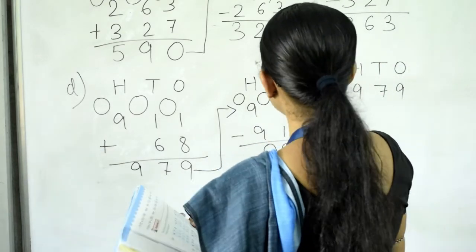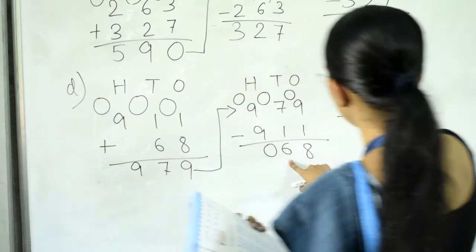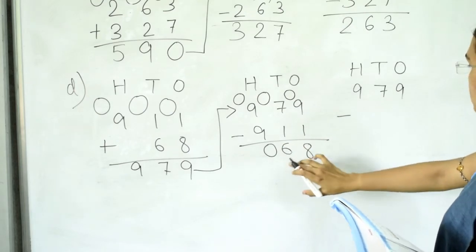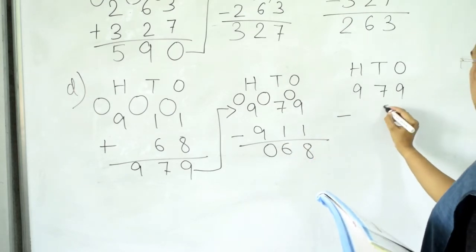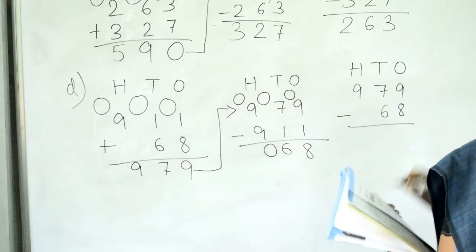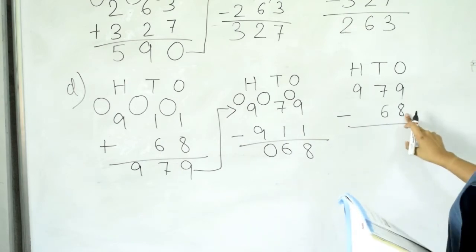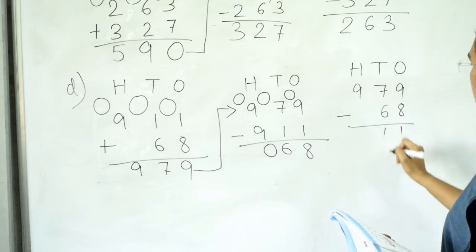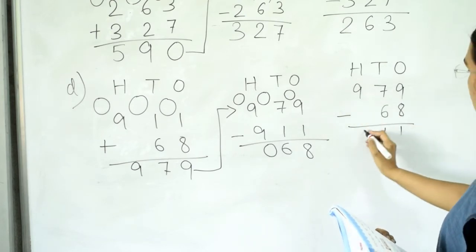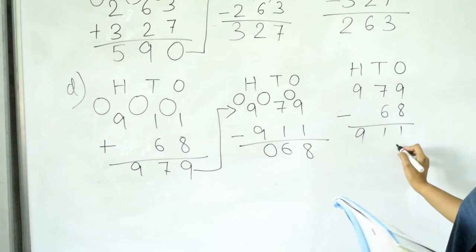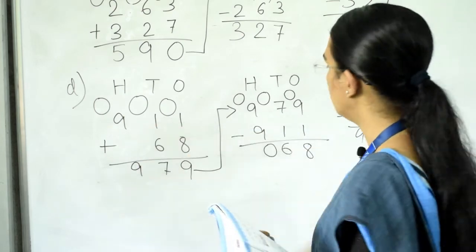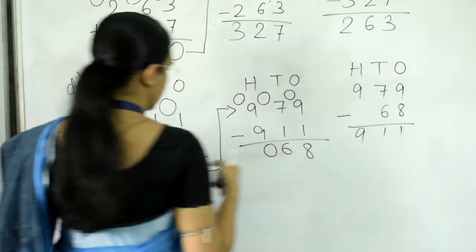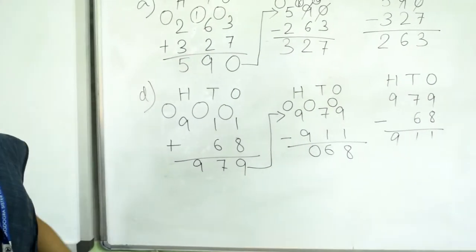Then whatever answer you got after doing this subtraction, write this answer here and subtract it. So 9 minus 8 is 1, 7 minus 6 is 1, and there is nothing, so that means 9. So 911 is there? Yes, it is there. So that means these sums are correct, okay. So in this way you can check whether the numbers are correct or not.